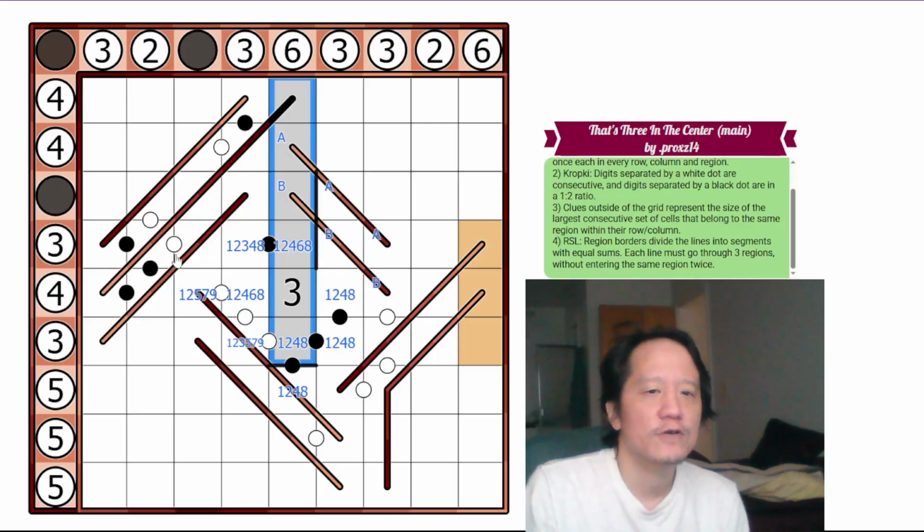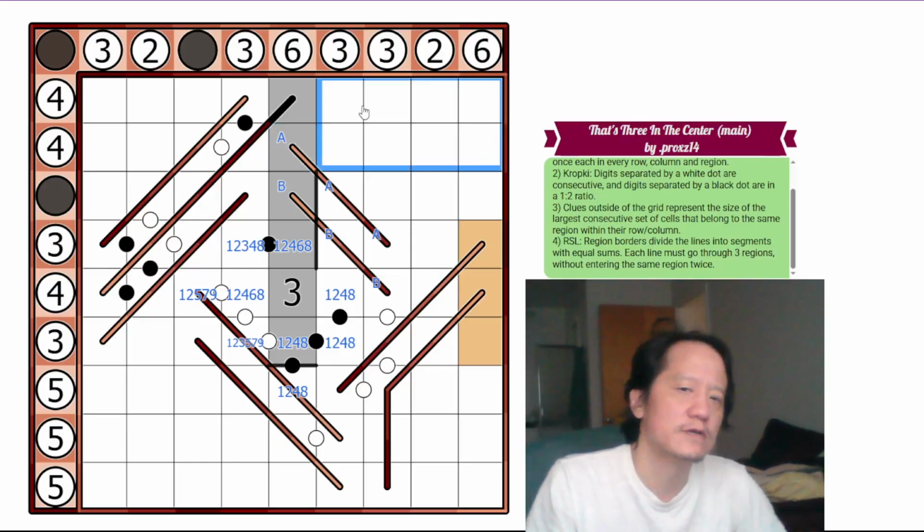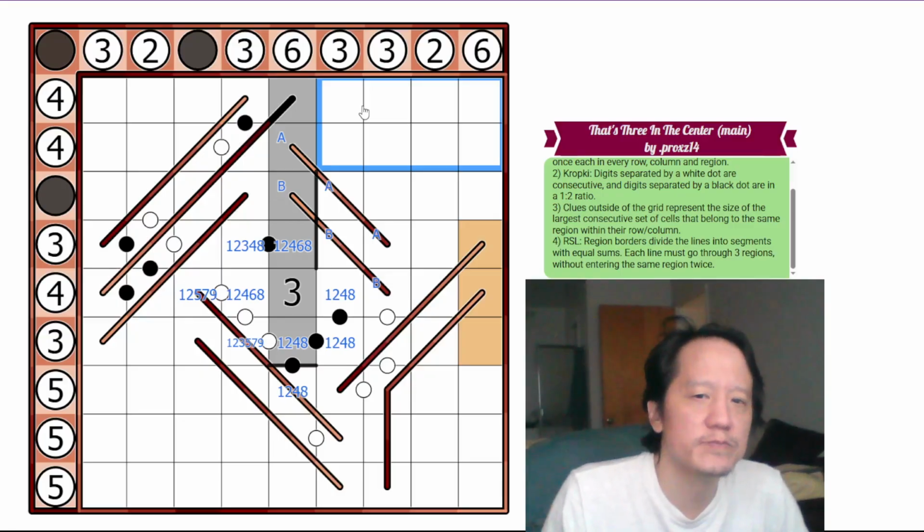That's interesting. For the 4s, that means if they're not part of the gray cell, one of them has to. Well, I guess they could both be here. They could both be on the same side. That is possible.